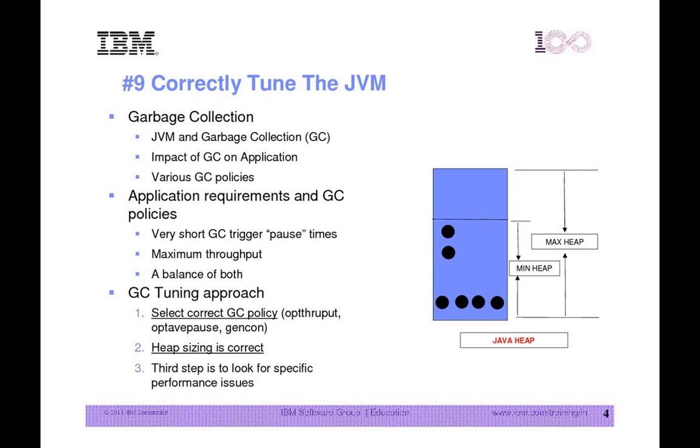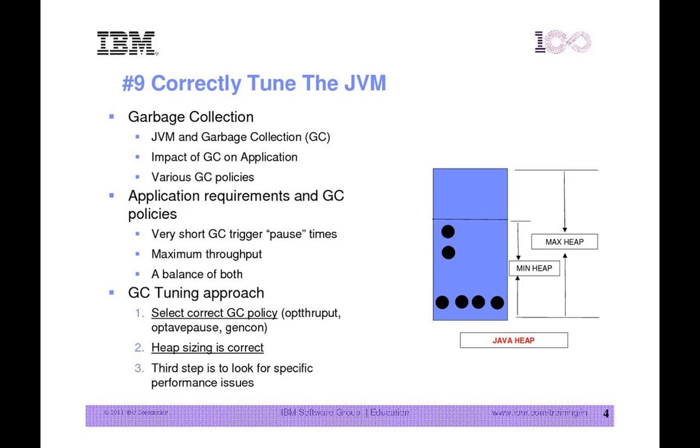As soon as you reach the minimum heap, or if your minimum heap is occupied, there is an allocation failure event, and then garbage collection runs. When garbage collection happens, it cleans all the dereferenced objects. All the objects which are no more required by the JVM will be cleaned up, and this process is called garbage collection.